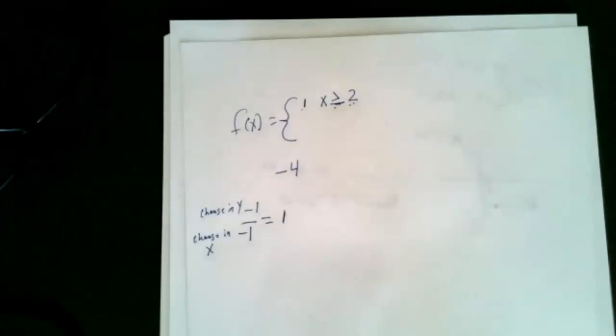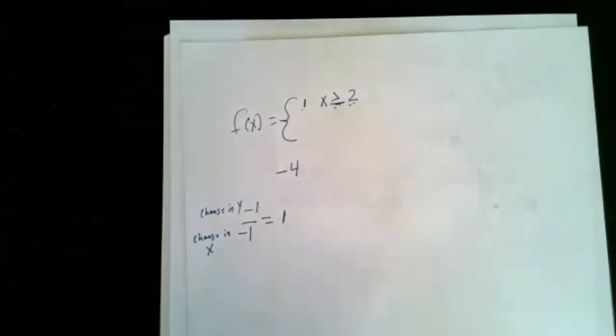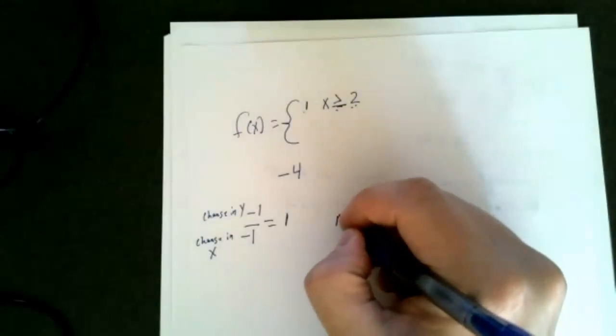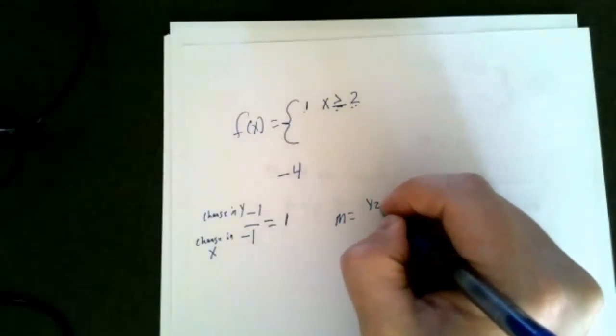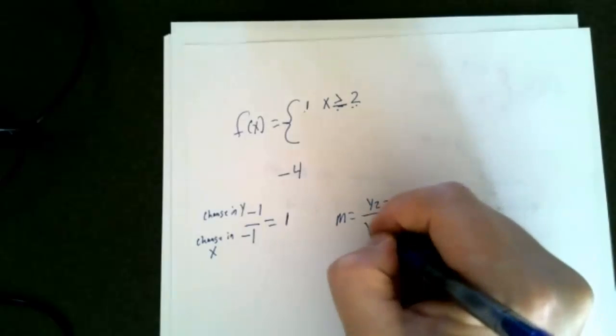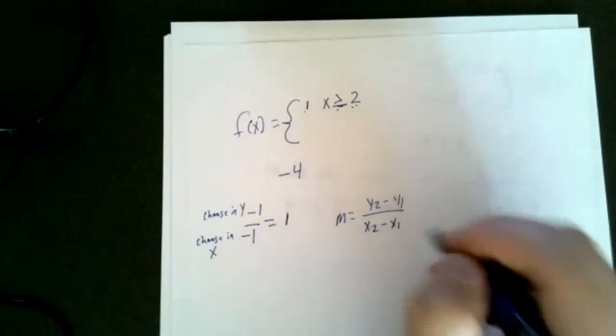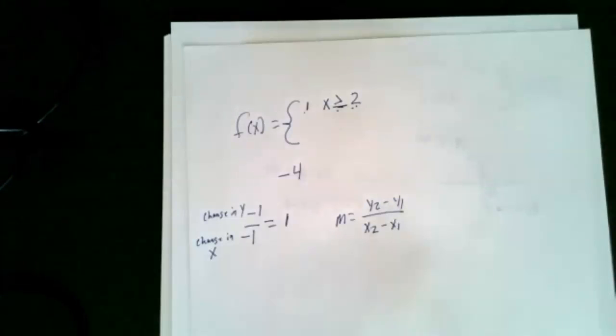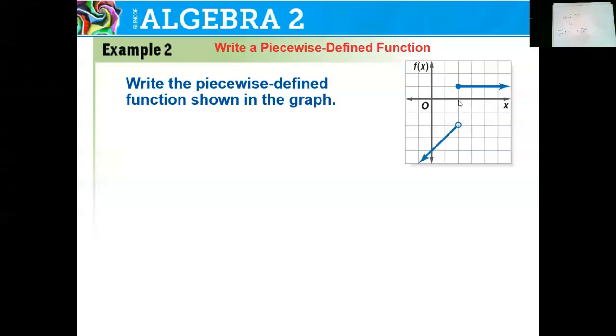This one was handy because it fell upon grid lines, but not every situation is going to be like that. So we can use the slope formula, which is m is equal to y2 minus y1 over x2 minus x1. And then we just have to select some certain points. So I'm going to go back to the graph. I'm going to choose the point 2, -2. And then I'm going to choose the next point as 0, -4.